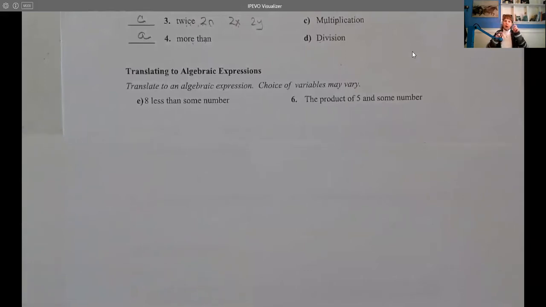All right, there are two that you kind of have to watch. Normally we read from left to right, and as we read from left to right, we put symbols in for the words, except twice. There's two instances where you have to read backwards, and that's with less than and subtracted from.